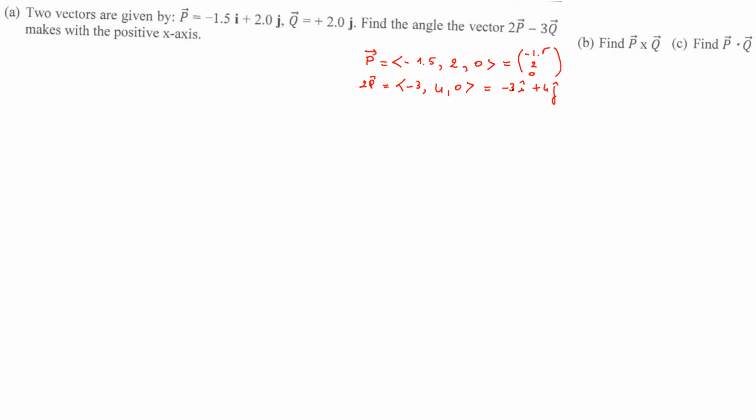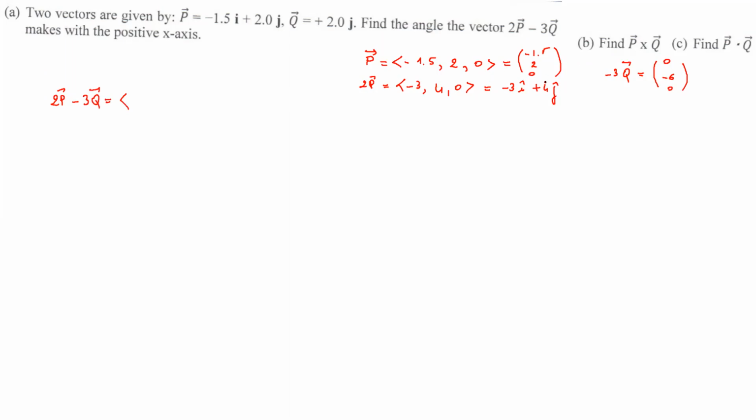Okay, now Q. Let's look at minus 3Q. What are the coordinates? Of course, it will be 0 along X, 0 i hat, minus 6 j hat, and 0 along Z. So that means that the vector 2P minus 3Q has the following coordinates.